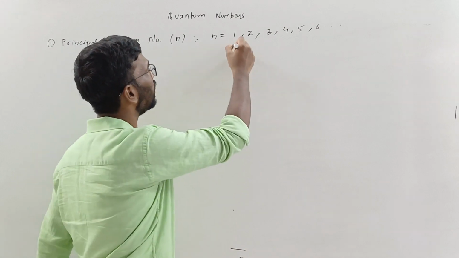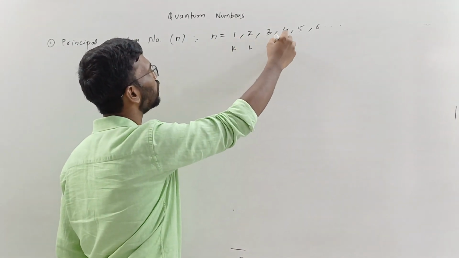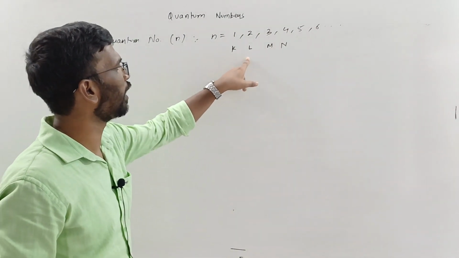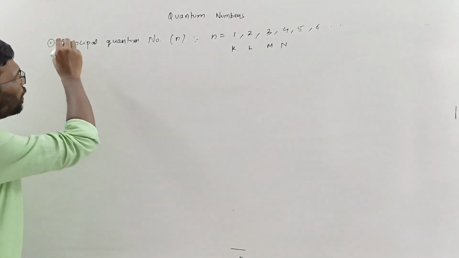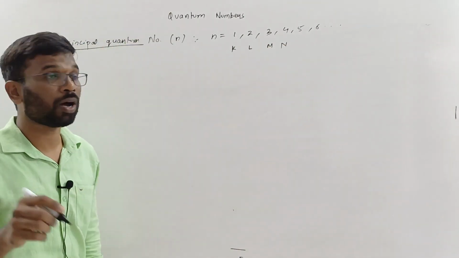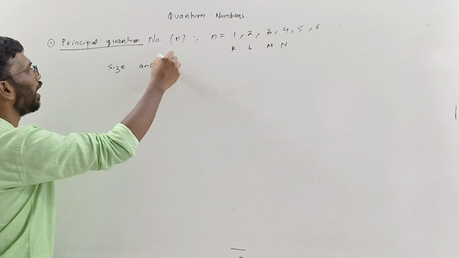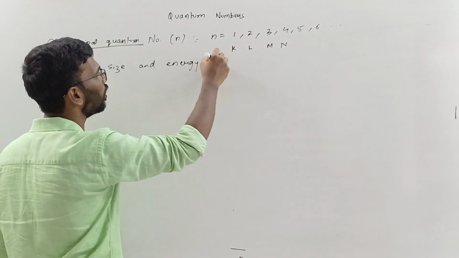It represents the K shell, L shell, M shell, that is, the first shell, second shell, third shell. So this is the principal quantum number. It tells about the size and energy of an orbital.